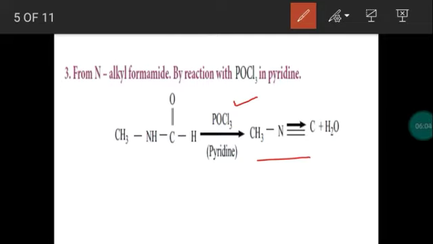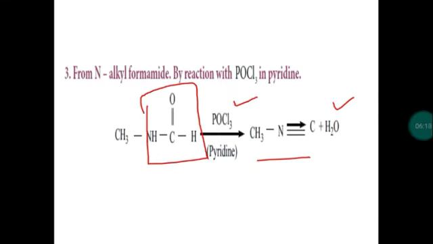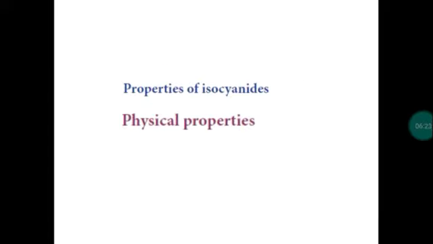During this process, there is a liberation of a water molecule. From this formamide part, a water molecule is leaving, so that we are getting carbylamine. With this, the preparation of carbylamine is over.